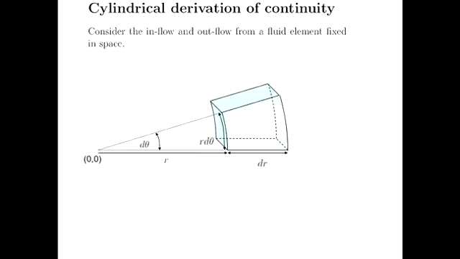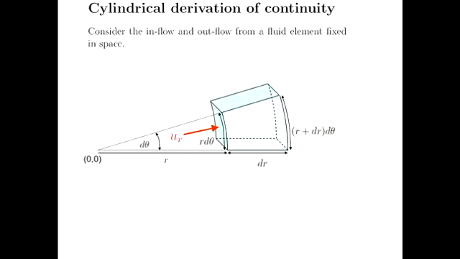So that inner arc length, and you know this from small angle approximation, is just r d theta, okay? And that outer arc length, which is probably where the messiness comes from, is going to be (r plus dr) d theta, okay? Which just introduces some extra complexity into the algebra.